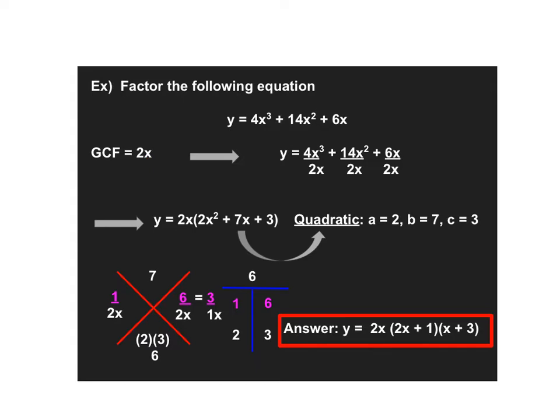So what we do now is we take that greatest common factor and we divide each piece by the greatest common factor. So I've got my first term, 4x cubed. We divide it by the greatest common factor, 2x. We do the same thing with the second term. We do the same thing with the third term.